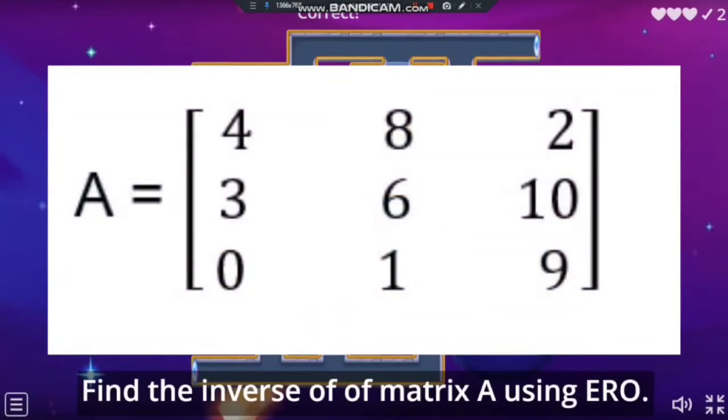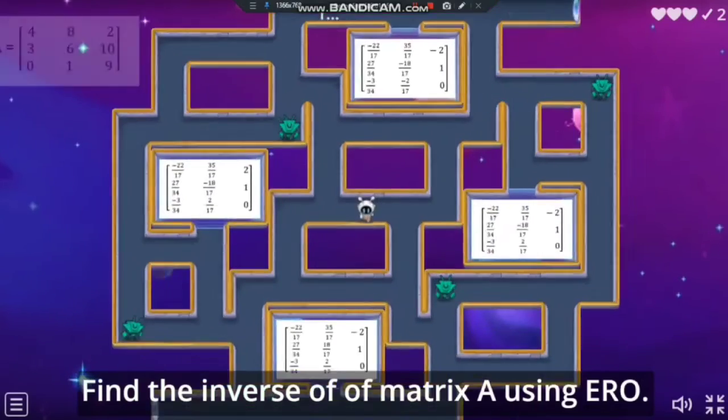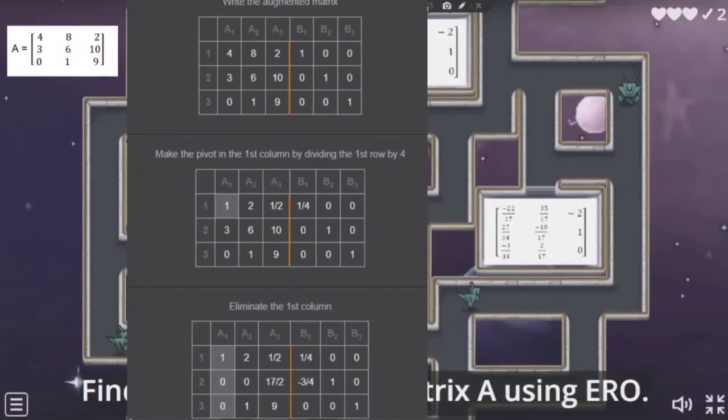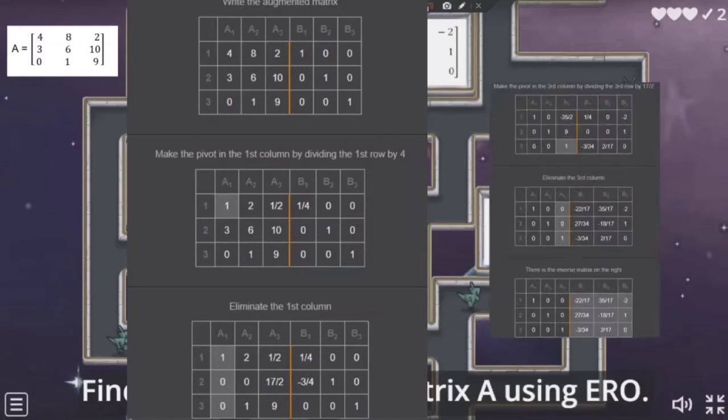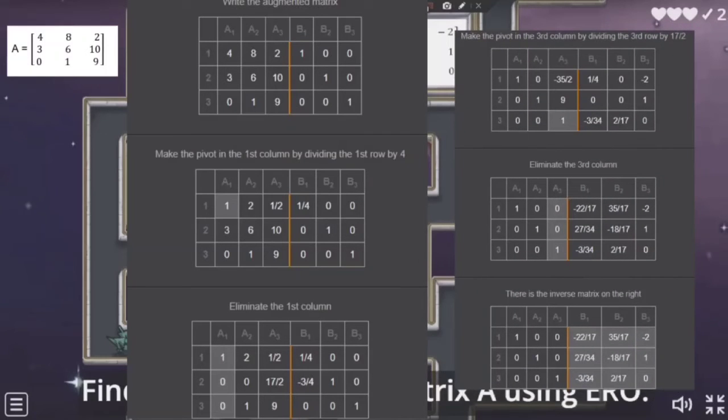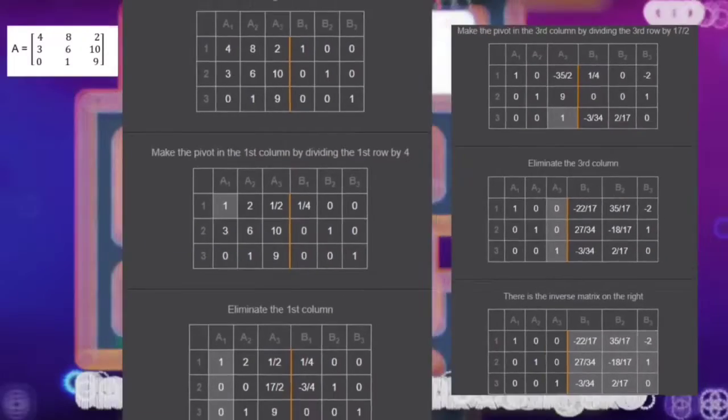Find the inverse using ERO. It can be calculated using this method. Start by comparing it with an inverse matrix. Then, slowly make your way by eliminating each column and row until you get the inverse matrix on the matrix side.